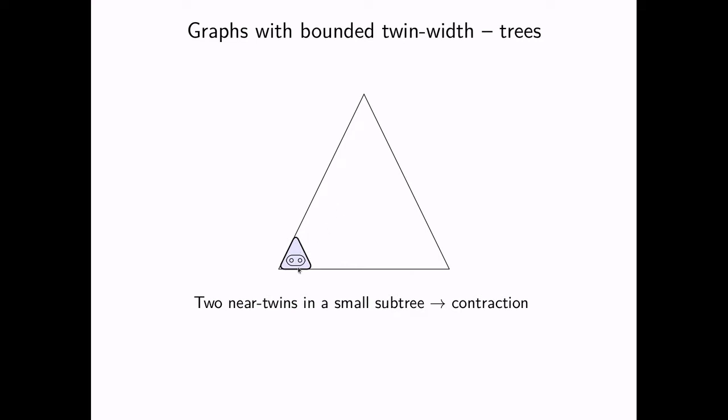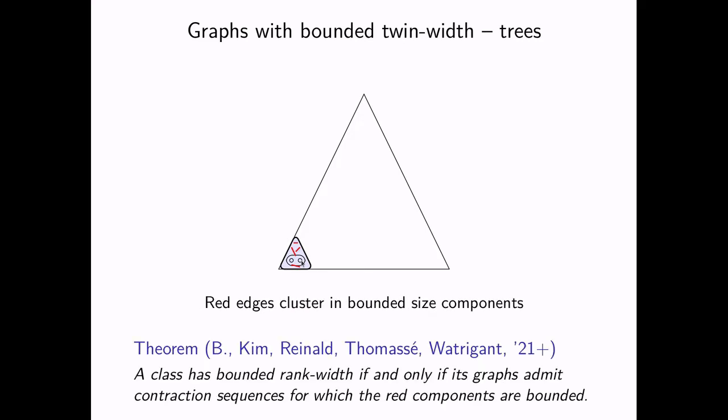So if this is large enough, but not too large, it will contain two vertices with the exact same neighborhood outside the subtree. So you can contract them, and if you operate like this, you will only create red edges that are clustered into some small trees that are not leaving this tree. So the red degree will be bounded, in particular because if I look at the graph induced by the red edges only, its connected components are of bounded size.